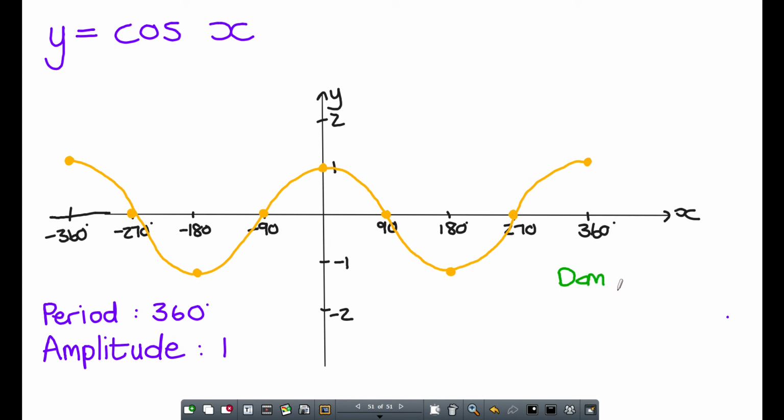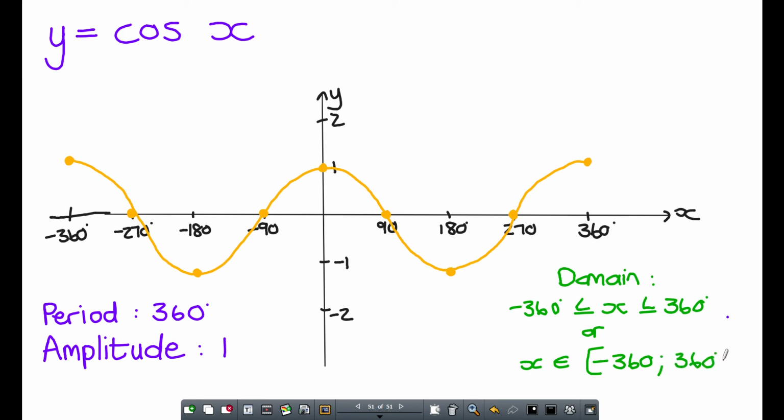Okay, let's look at domain and range. It's the same, very nice. So domain will still be from minus 360 up until positive 360. You can say x is an element of [minus 360; 360].